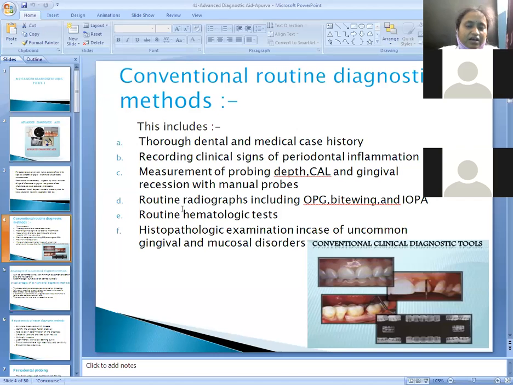Other than that, the causative factor for periodontitis is mainly microorganisms which are present in the oral cavity. Among the microorganisms, the main ones are periodontal pathogens. You know, 4 different pathogens. Okay. But for detection, you should know exactly which periodontal pathogen is causing the disease. For that purpose, you need different types of microbiological tests.